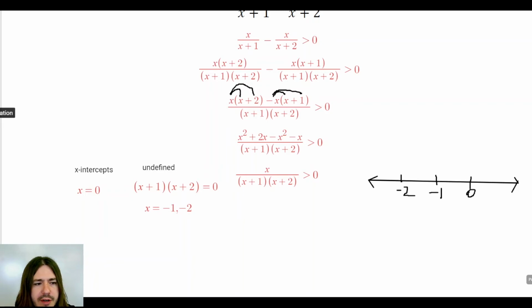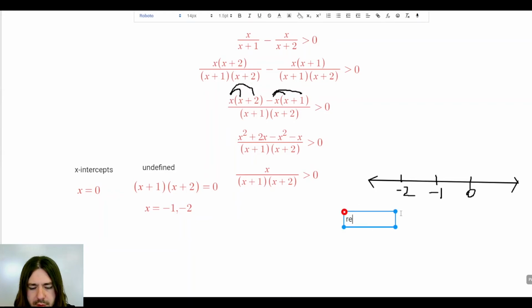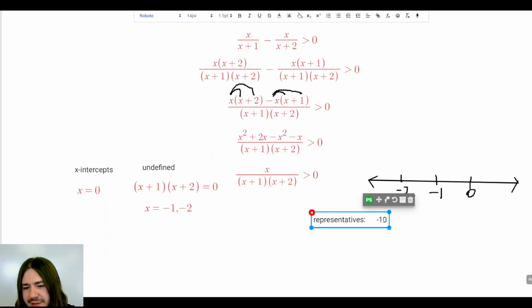The representatives I want to pick here are going to be, you know what I'm going to do here, -10. Nothing new here. I like using plus or minus 10 if that's an option. It just makes it a little bit easier to plug in. And then I've got, let's see, I'll do, I guess, -1.5, -0.05, and then 1.